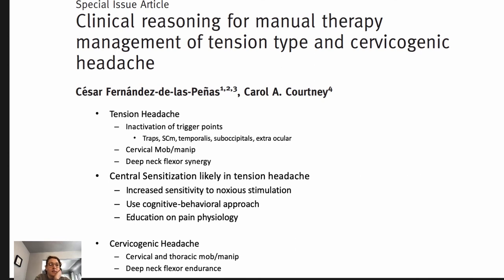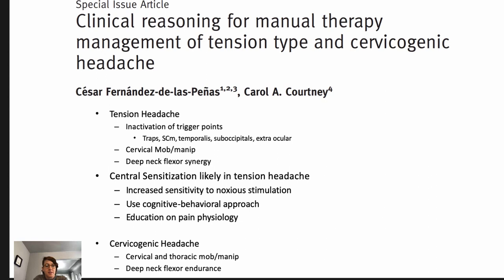And then Fernández de las Peñas treats quite a lot of conditions, actually. So just had a kind of a master class article for clinical reasoning for manual therapy of cervicogenic headache, which we've already talked about really, but the tension headache may be helpful to you. And really they recommend that you try to inactivate any trigger points that may be there.